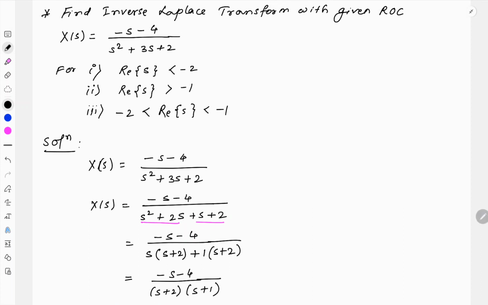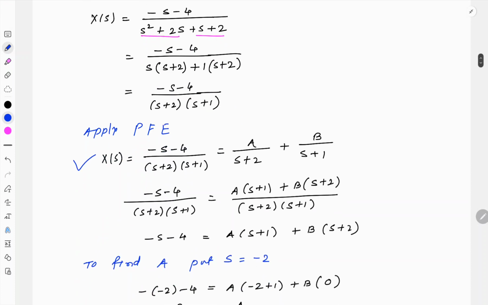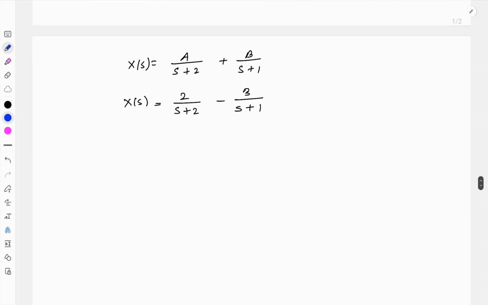But in this case we need to find out the first condition, which is that RoC is less than minus 2. So for the first condition we have the RoC, that is real part of s should be less than minus 2. Now we have X of s in this way, 2 upon s plus 2 minus 3 upon s plus 1.